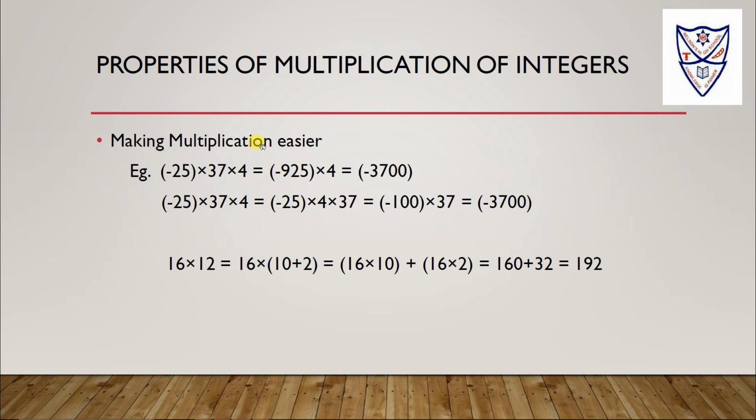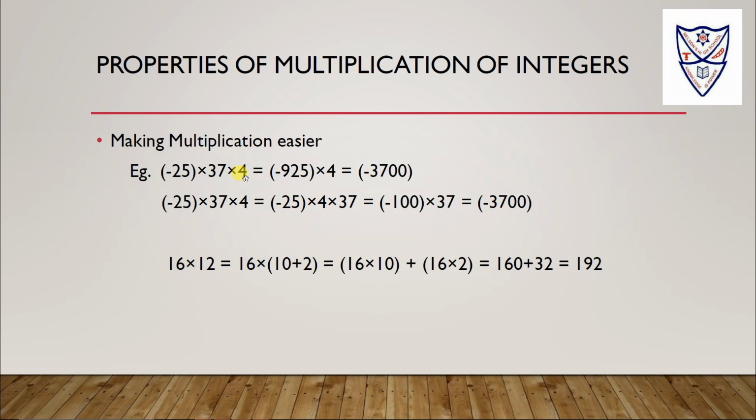Next, making multiplication easier. Now these properties we have learned, we will learn how to use them, because when we use these properties in multiplication, our multiplication will be easier. For an example, here one example is taken: minus 25 multiplied by 37 multiplied by 4.